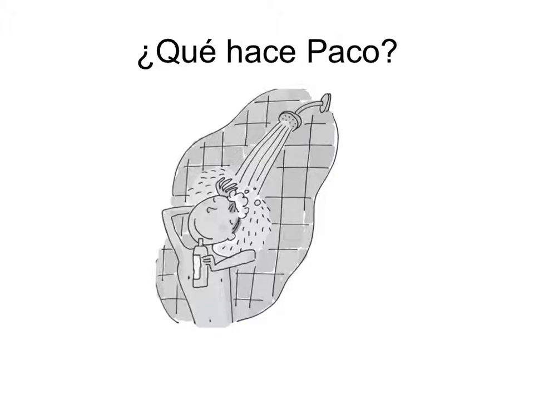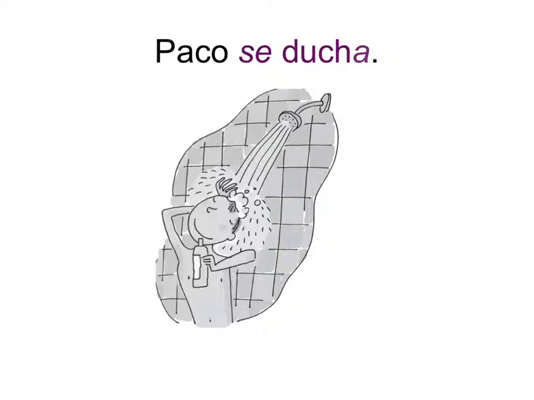Otro ejemplo. ¿Qué hace Paco? ¿Qué hace Paco? Muy bien, excelente. Paco se ducha. He's doing it to himself. He's not washing his dog in the shower, but he could.